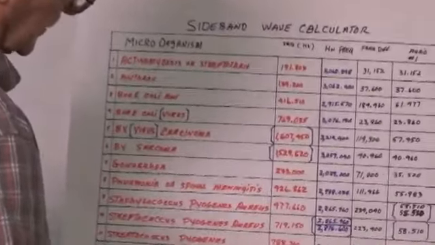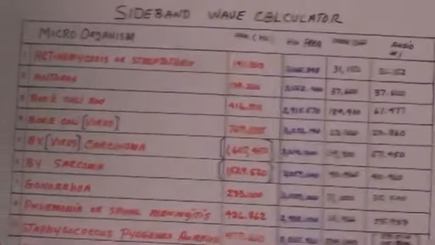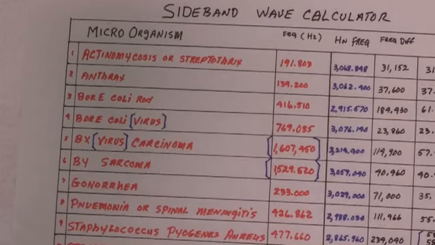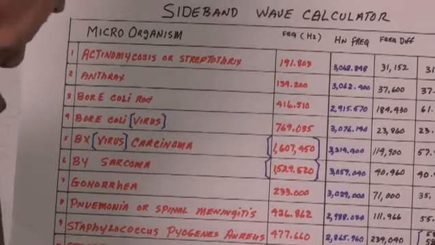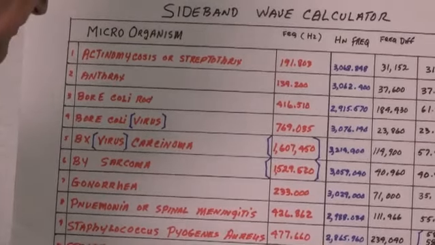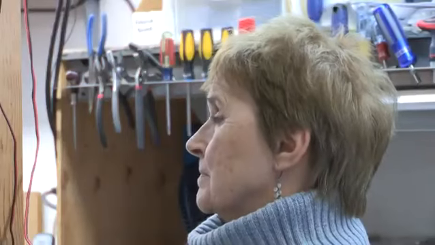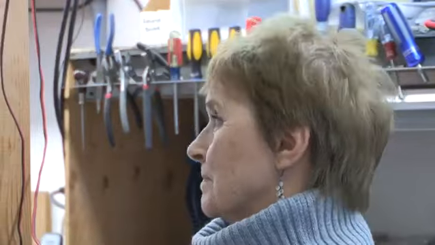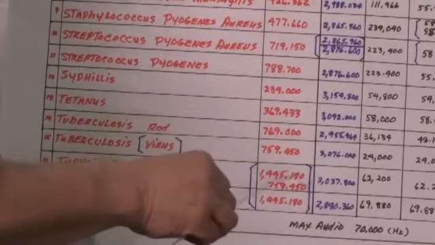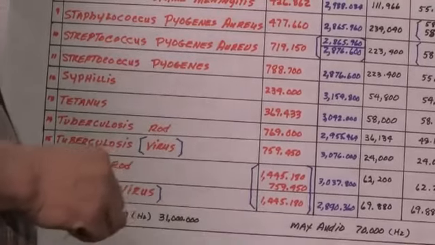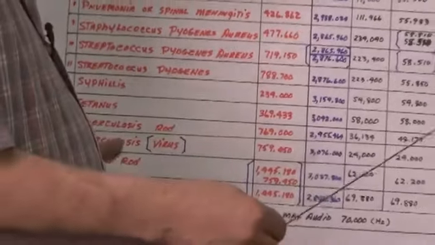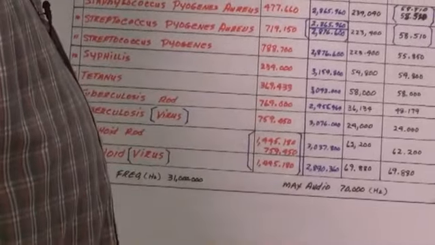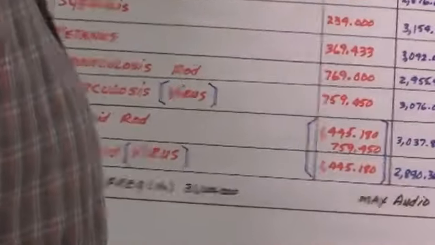One quick question. I see under typhoid rod, you've got two numbers. Yes. I got the two numbers because you got to do these two numbers. You have to do, this is the only known virus. You know, tuberculosis is the only known thing that if you kill the rod, what's going to happen is the patient's going to die because then the virus is going to take over and it's going to eat you up.